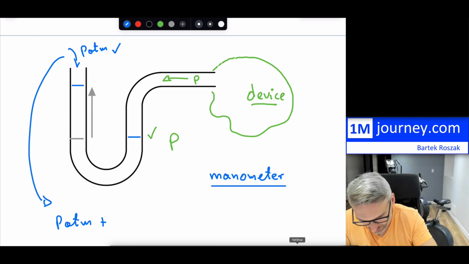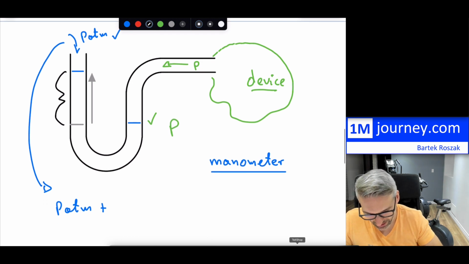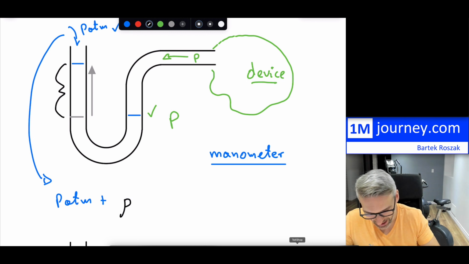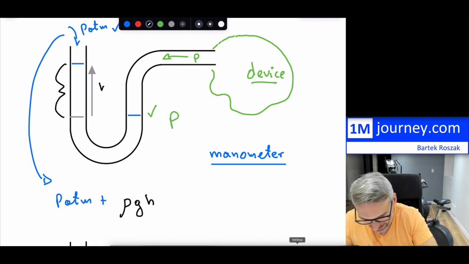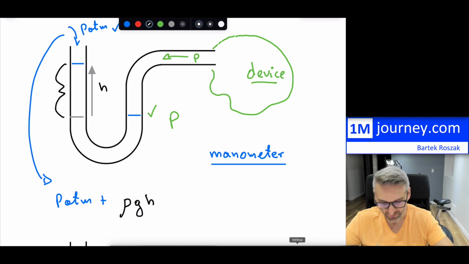So the pressure coming from that liquid is simply the density of the fluid multiplied by gravity times whatever height or depth this might be. And this is going to be the total pressure present at that point.